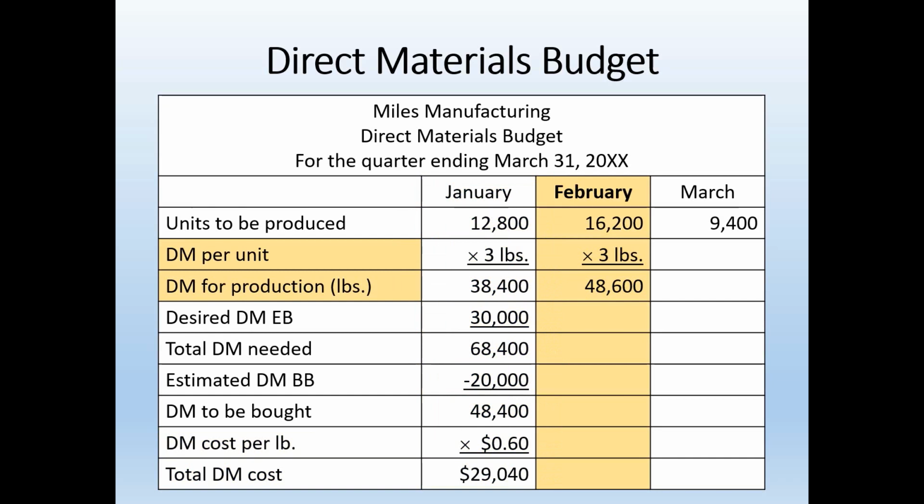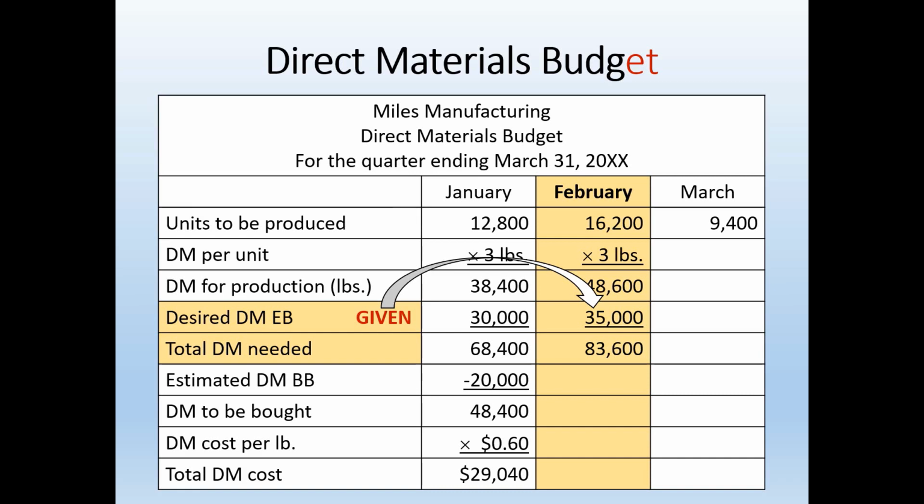In February, we can take the number of units that the firm expects to produce and multiply it by the 3 pounds of material per unit. And that tells us how many pounds of material the firm needs for production. And we were told that the firm wants to end February going into March with 35,000 pounds of material.